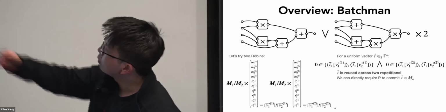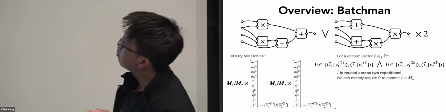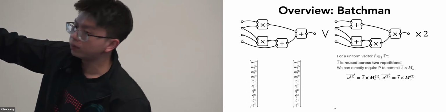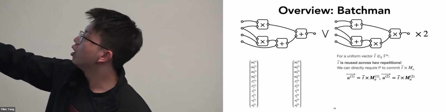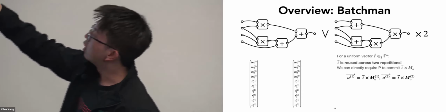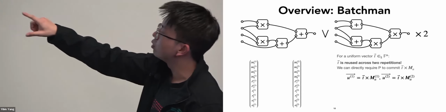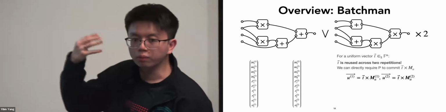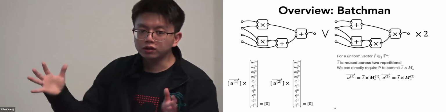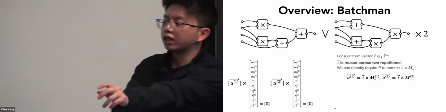For example, in this special example, A stands for the active one. If the prover wants to prove the first repetition, first branch, she can compute U1 as T times MA1 and commit it. And similarly compute U2 as T times MA2 and commit it, and prove that these 2 inner products are 0.